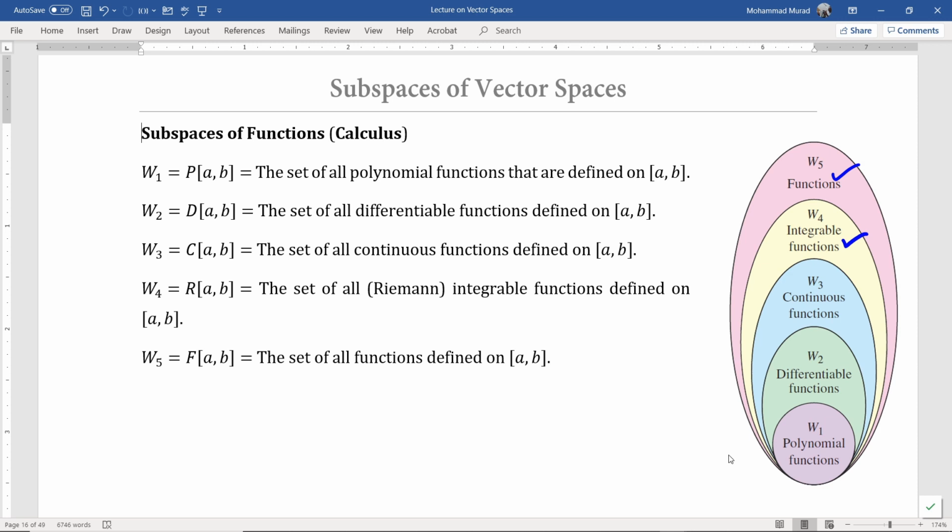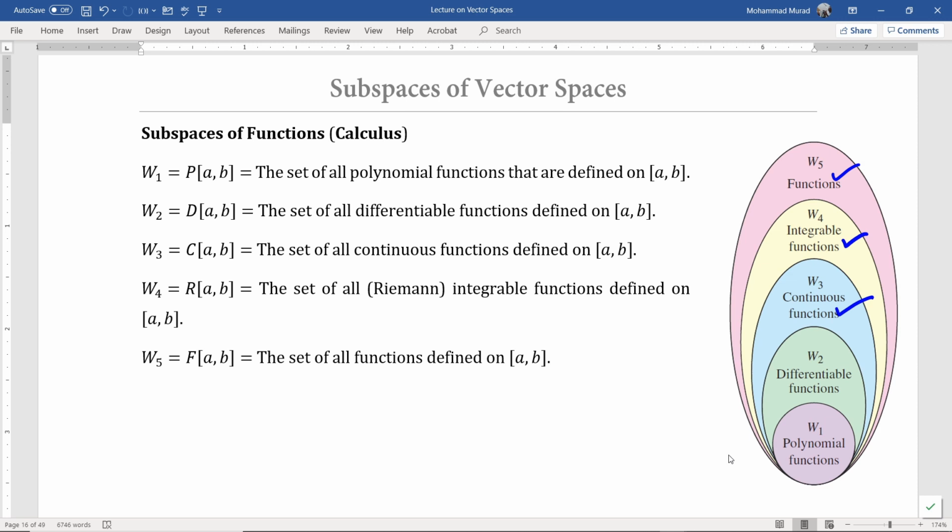Then the set of all continuous functions is a subspace of the vector space of all integrable functions. Since not every continuous function is differentiable, the set of all differentiable functions is a subset of the set of all continuous functions.